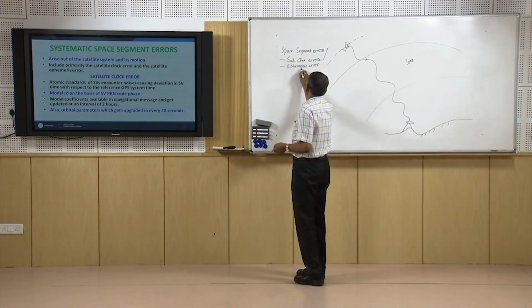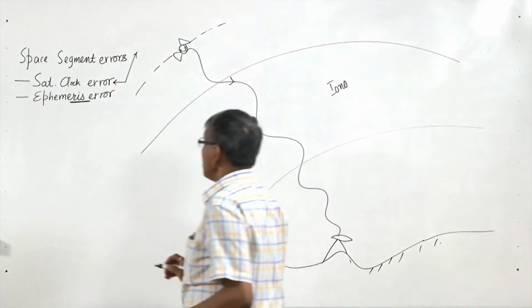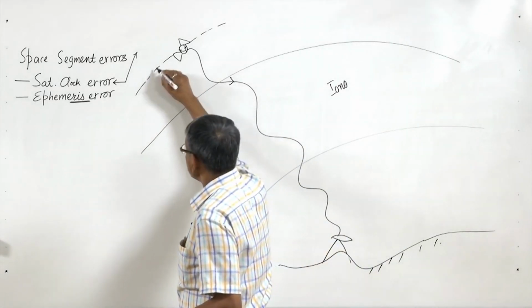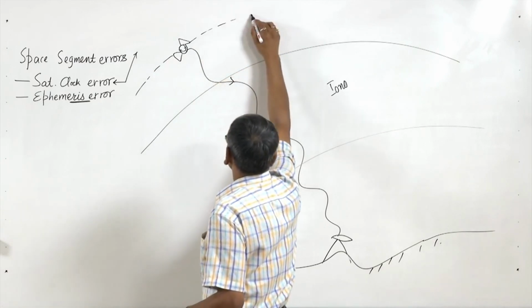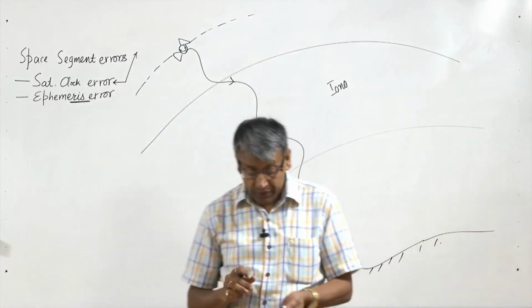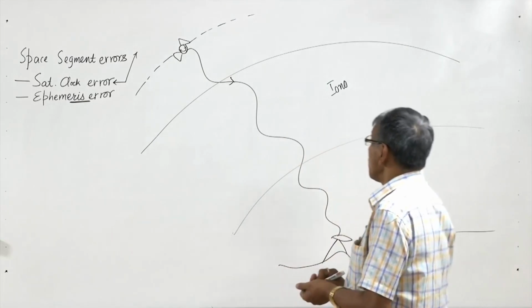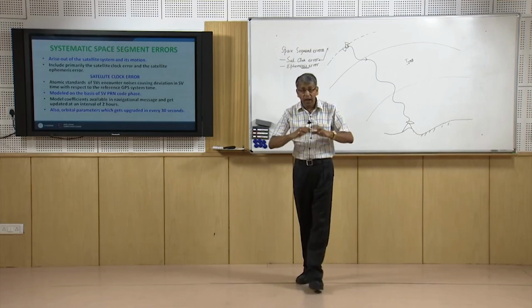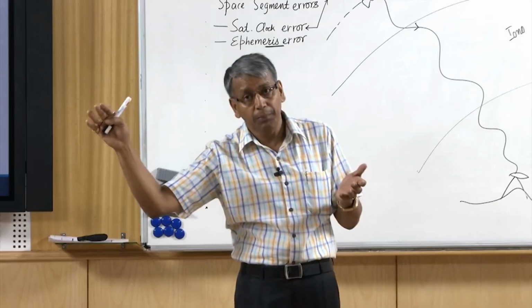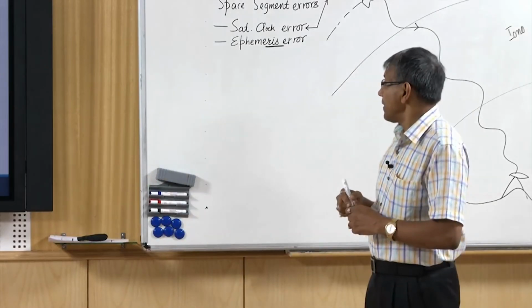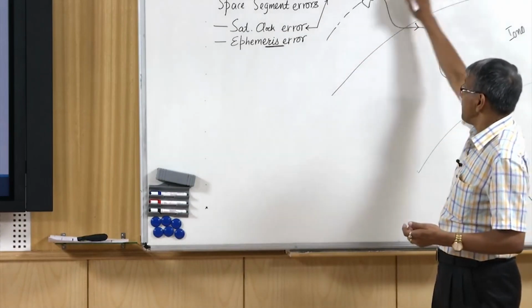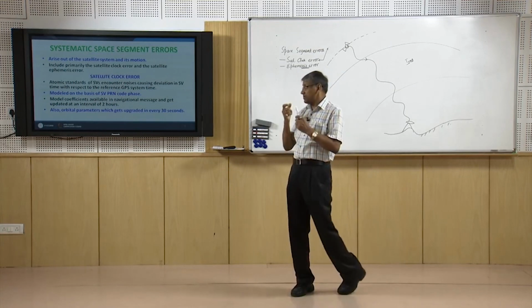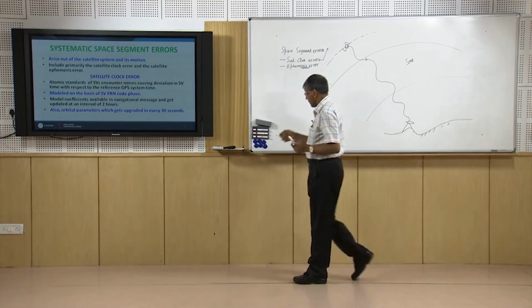Now, the ephemeris error, from the name itself we can understand that it is related to the orbital motion of the satellite. As we know, the satellites are designed to move along a certain orbital path, and those parameters are available in the navigational message, and that is called broadcast ephemeris data.